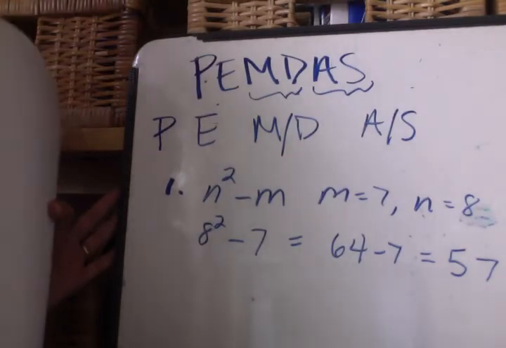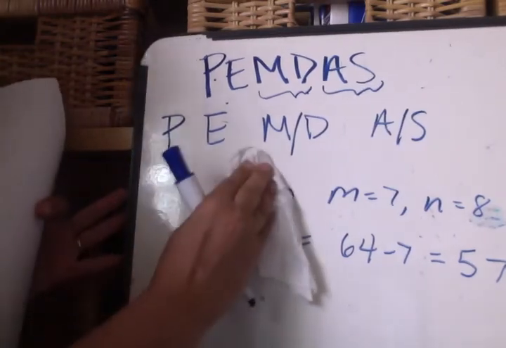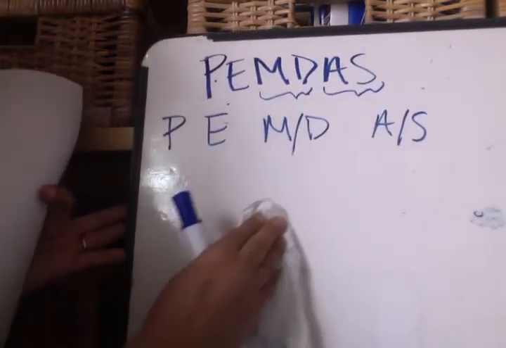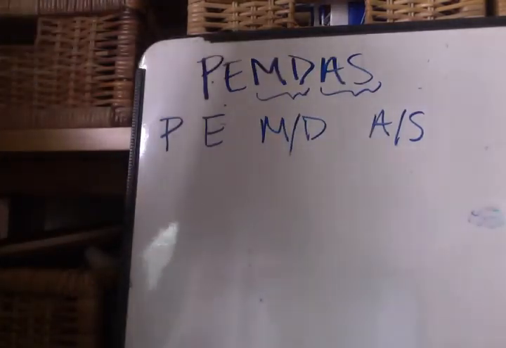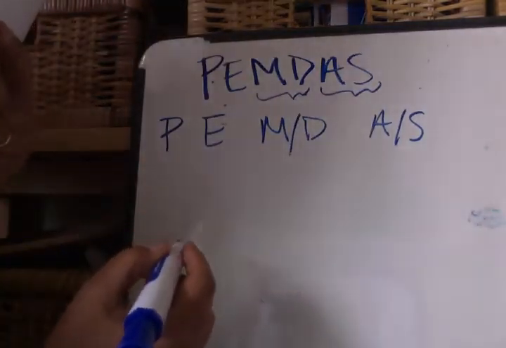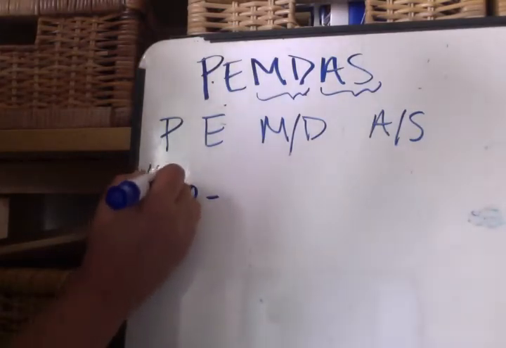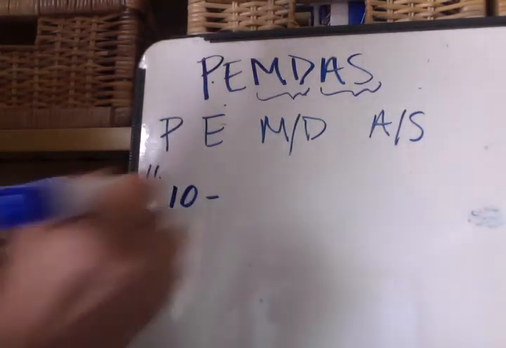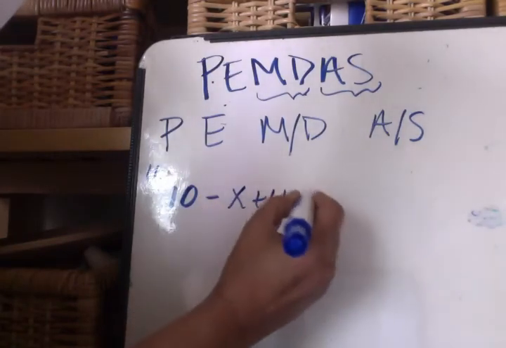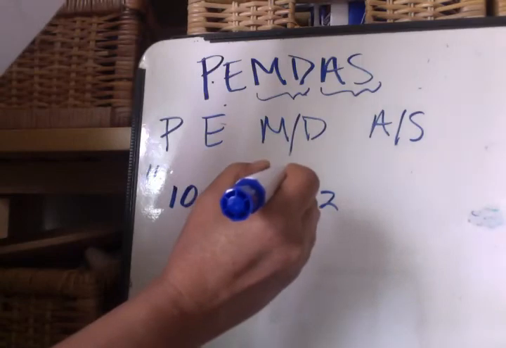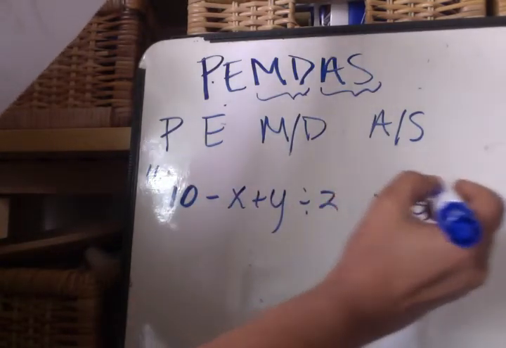Okay, and now I'm going to do number 11. Number 11 says 10 minus x plus y divided by 2, and use x equals 5 and y equals 2.